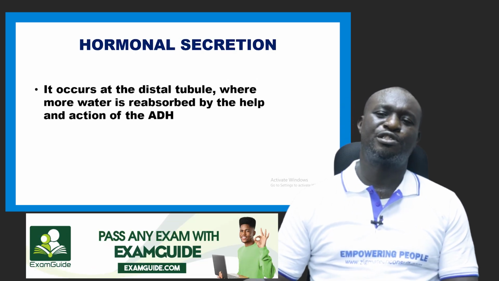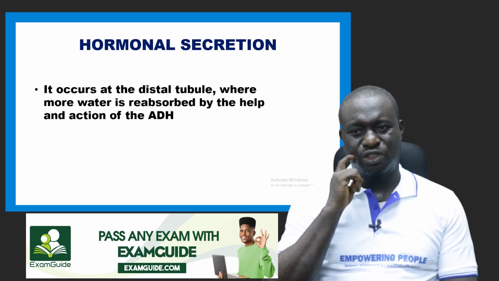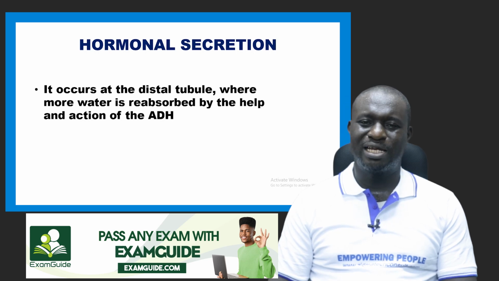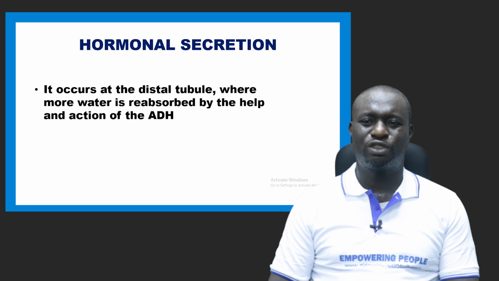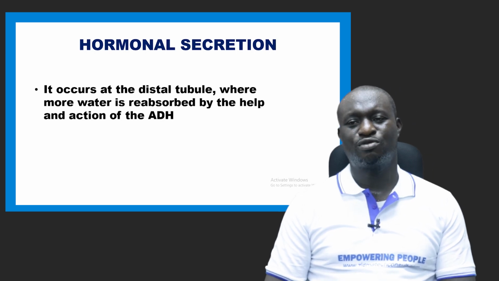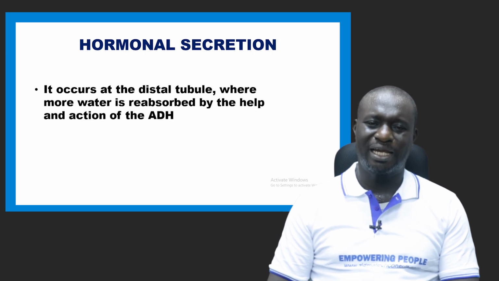It now moves to the third stage, which is hormonal secretion. Remember, we've talked about ADH. This is where it actually occurs. It occurs at the distal convoluted tubules, where more water is reabsorbed by the help and action of ADH.